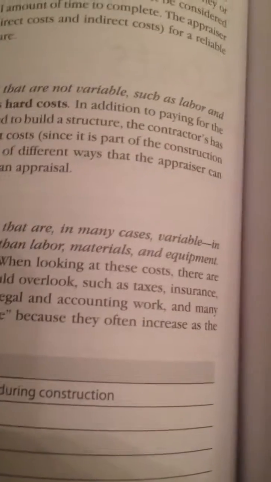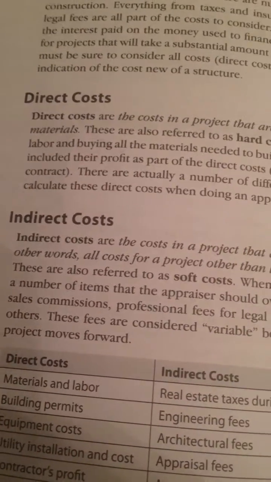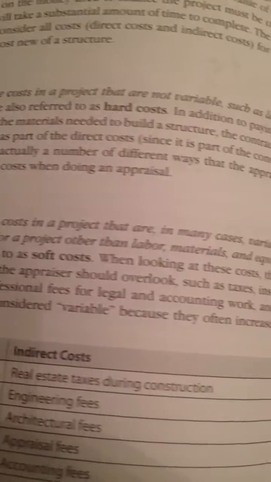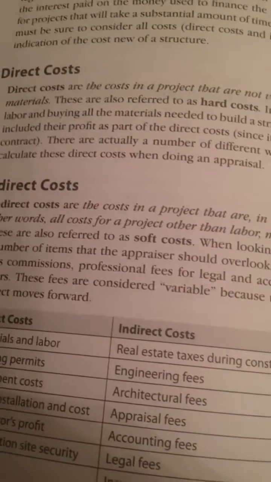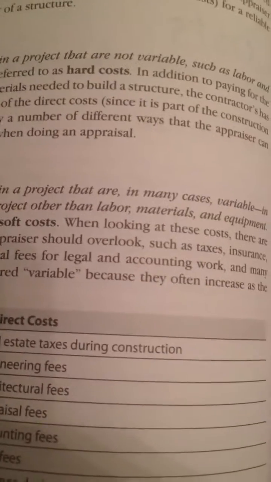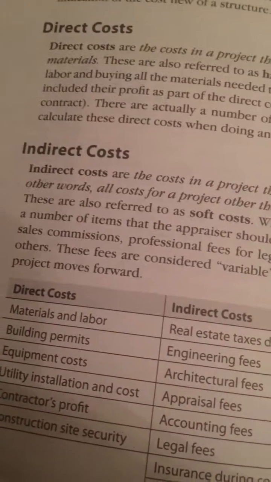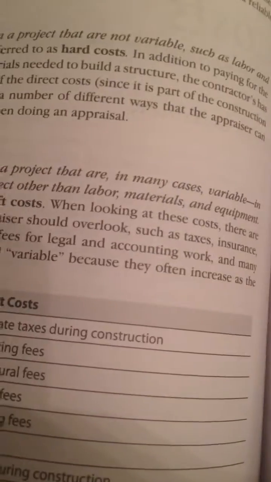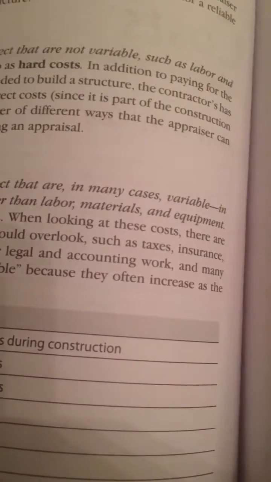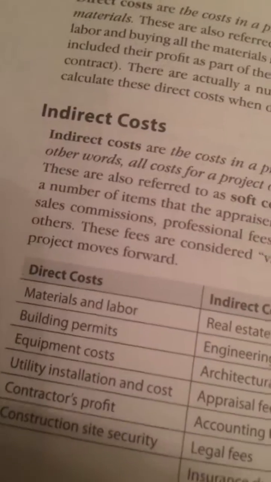When looking at these costs, there are a number of items that the appraiser should not overlook, such as taxes, insurance, sales commissions, professional fees for legal and accounting work, and many others. These fees are considered variable because they often increase as the project moves forward.